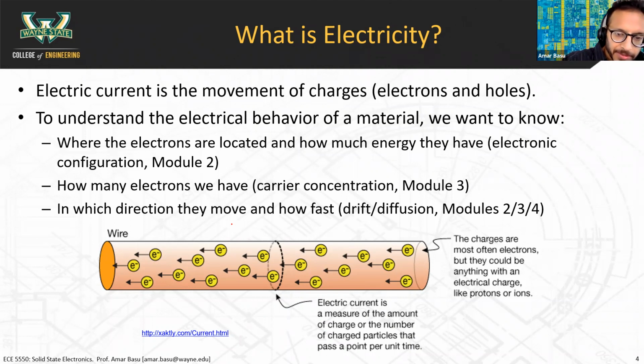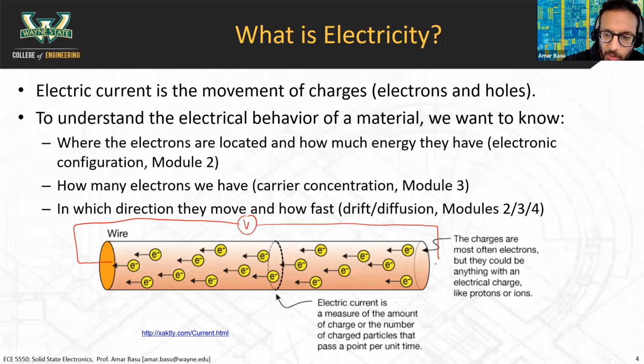Let's say we attach a voltage source, which is like a battery, to a wire. This is the plus side, and this is the minus side. A voltage source creates an electric field, and that electric field is denoted with a capital E.